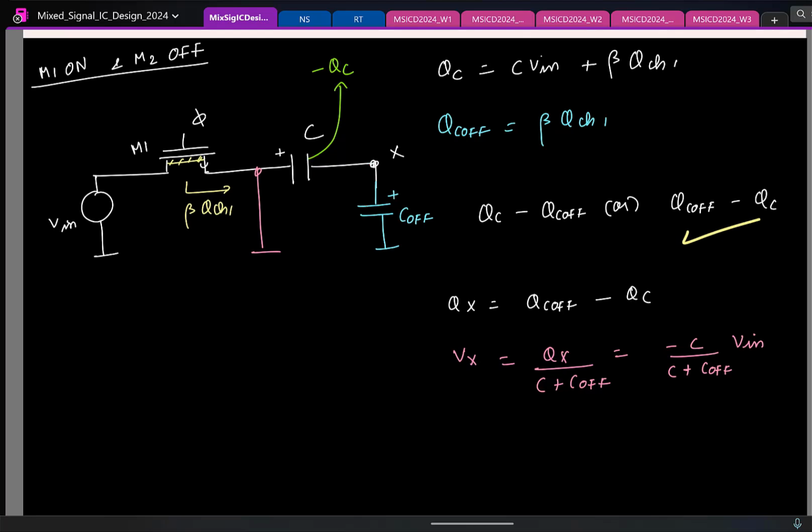I just look at the total charge at that node. That inherently gives you the difference between the charges, and then you take the potential. I ground it and look at the potential difference. Of course, for all practical purposes, this is approximately minus 2, since C off will be much smaller.